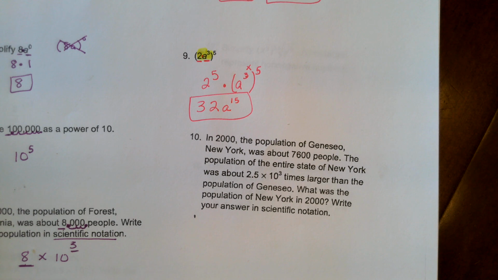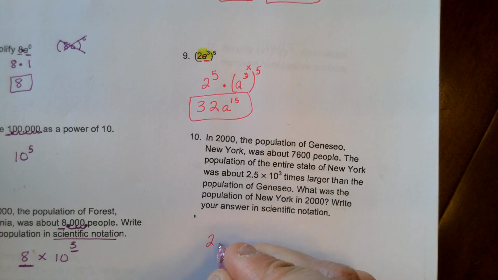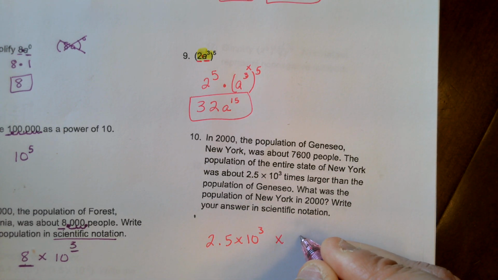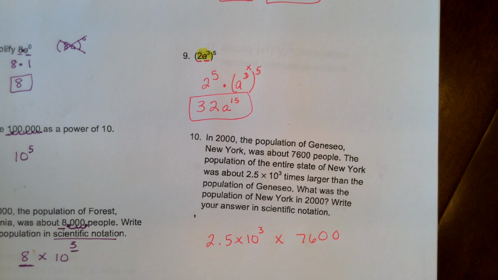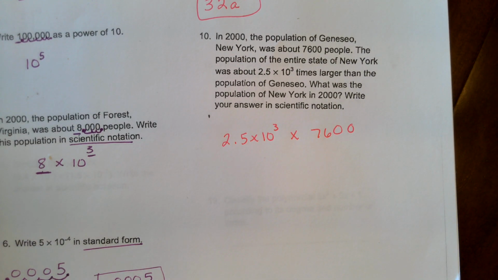Okay, so first you have to figure out what you're doing. It said the population of New York was this many times larger than this. So I have 2.5 times 10 to the 3rd times that.